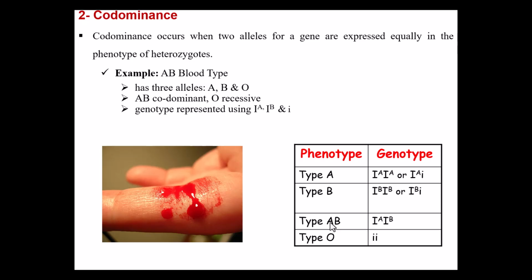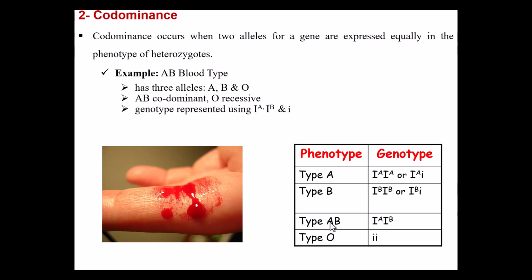In this type of non-Mendelian inheritance, there would be 6 genotypes. In this type, we say that A is dominant over O, B is also dominant over O, and A and B together are codominant. As we said before, the genotypes for type A blood are IAIA and IAi.